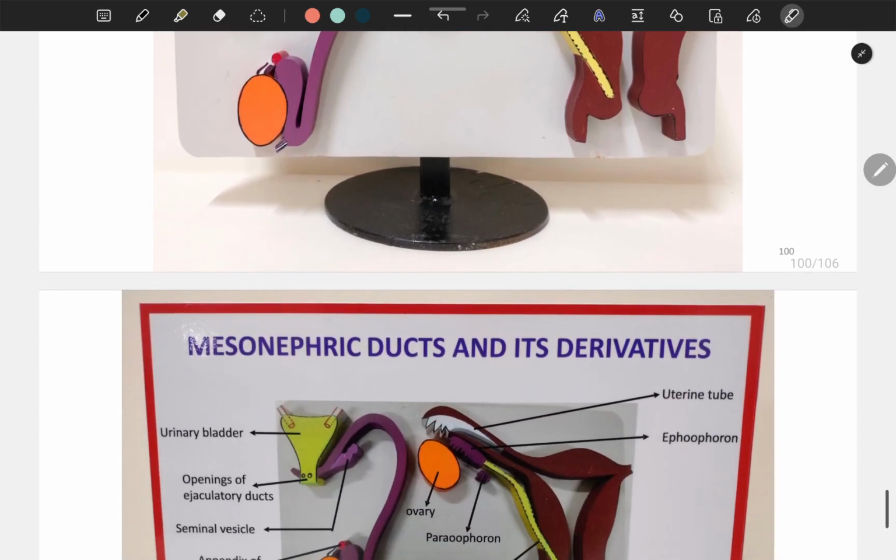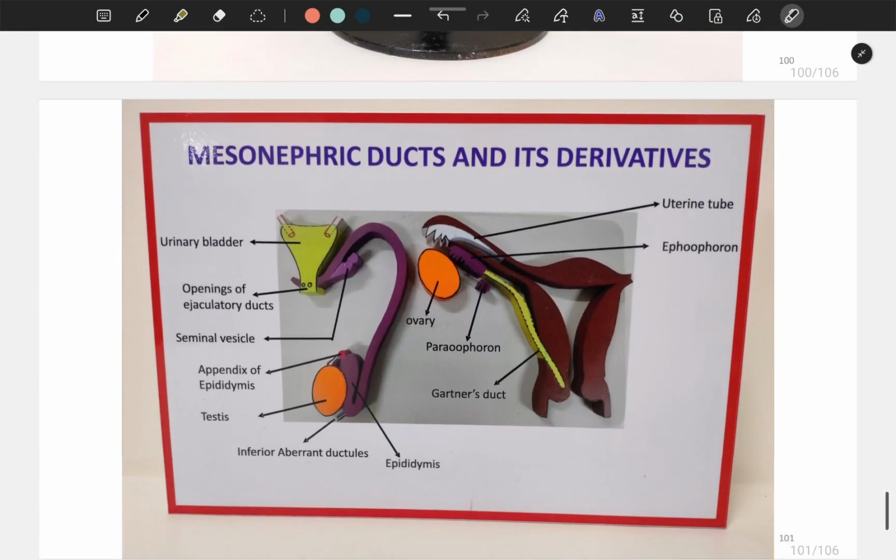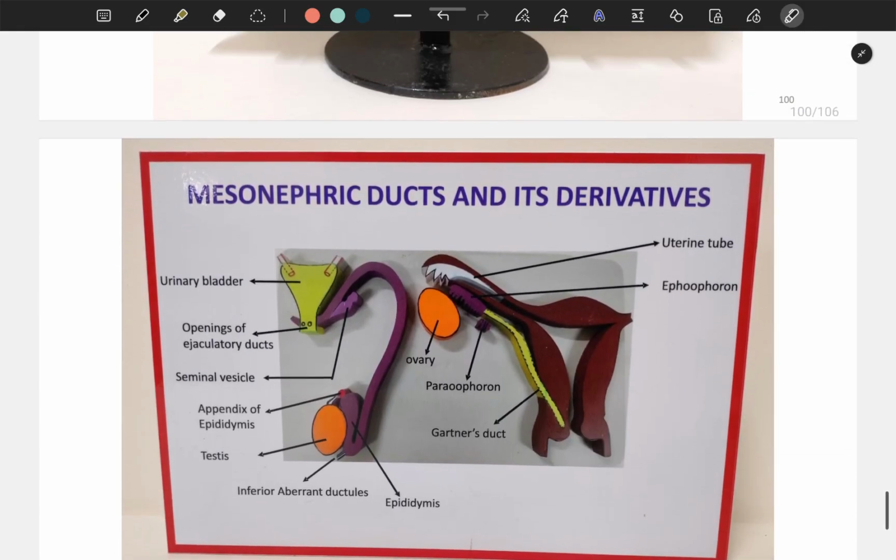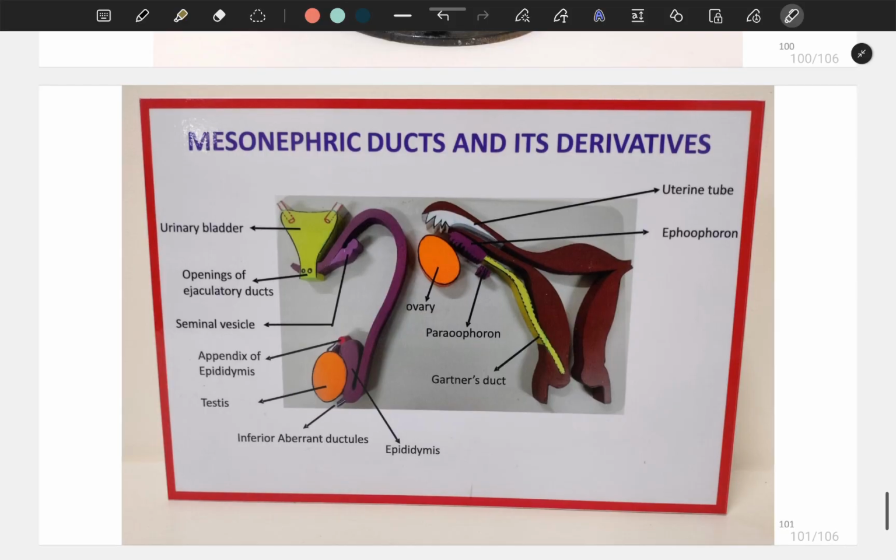Coming to the mesonephric duct and its derivatives. In male and female there are two different sets. Coming to the male, the mesonephric duct is also called the Wolffian duct. Okay. So what are the derivatives in male?